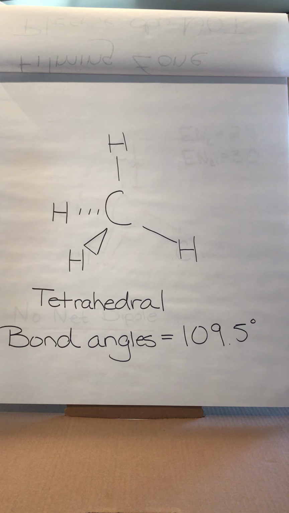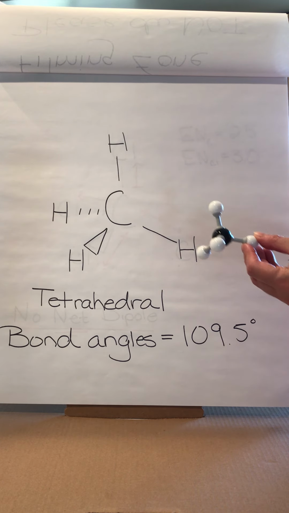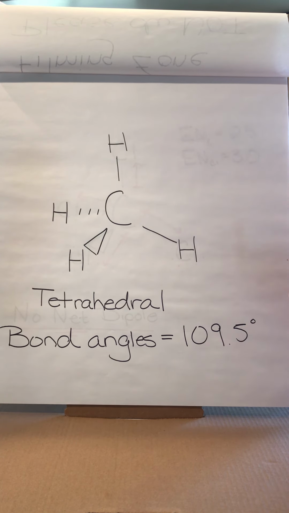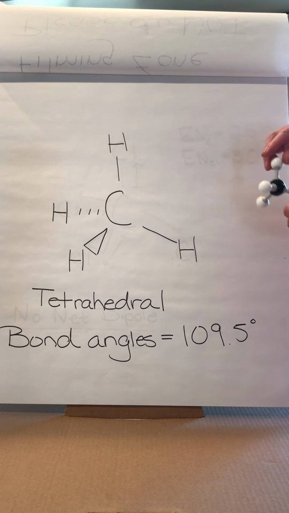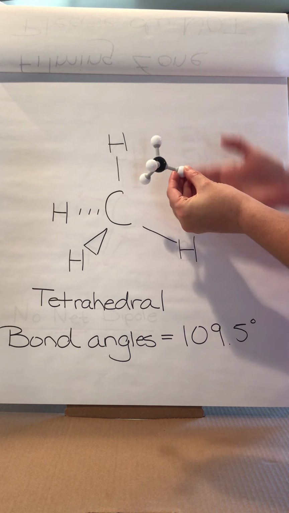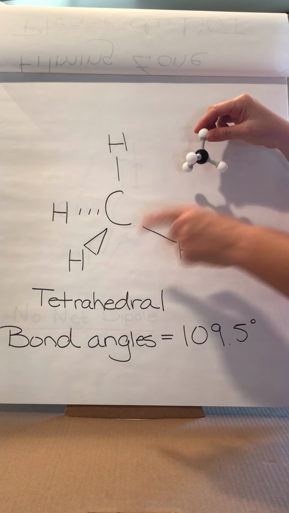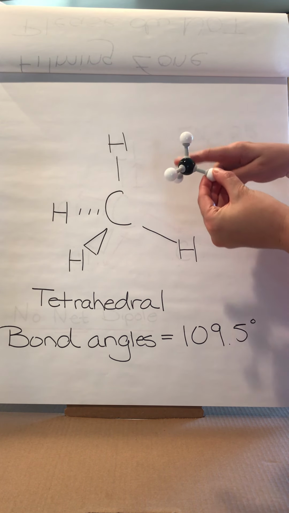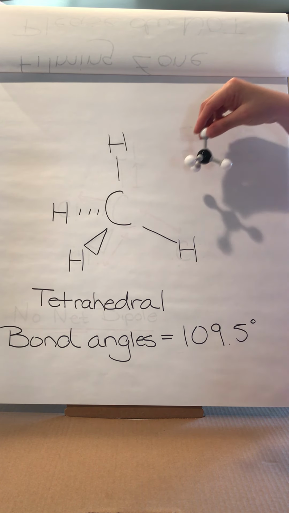So the first type of molecule that we looked at with the tetrahedral bond angles, or the tetrahedral geometry, was methane, and that is drawn like this, with these two bonds being regular, and those are in the plane of the paper, and this hydrogen coming out at you right here is drawn with a wedge, and the hydrogen that's pointing back into the paper is drawn with the dashed lines.